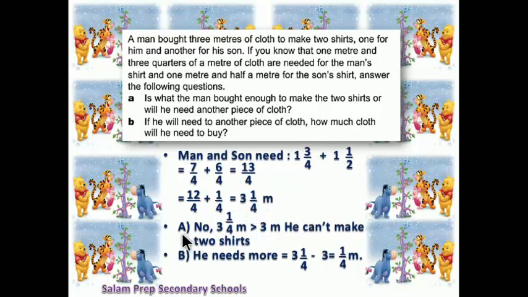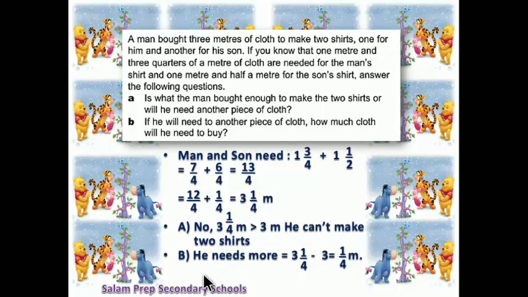The first one. What the man bought is not enough to make 2 shirts. 3¼ meters is greater than 3 meters. He can't make 2 shirts.